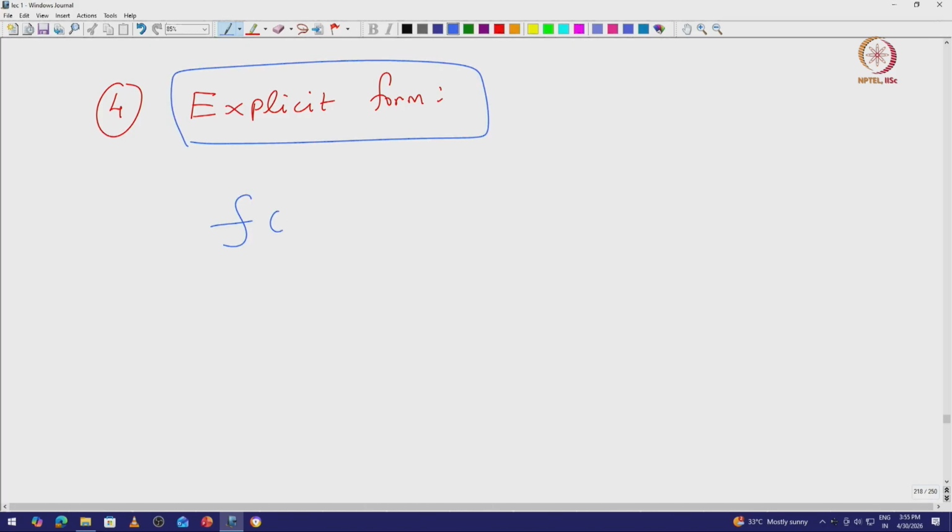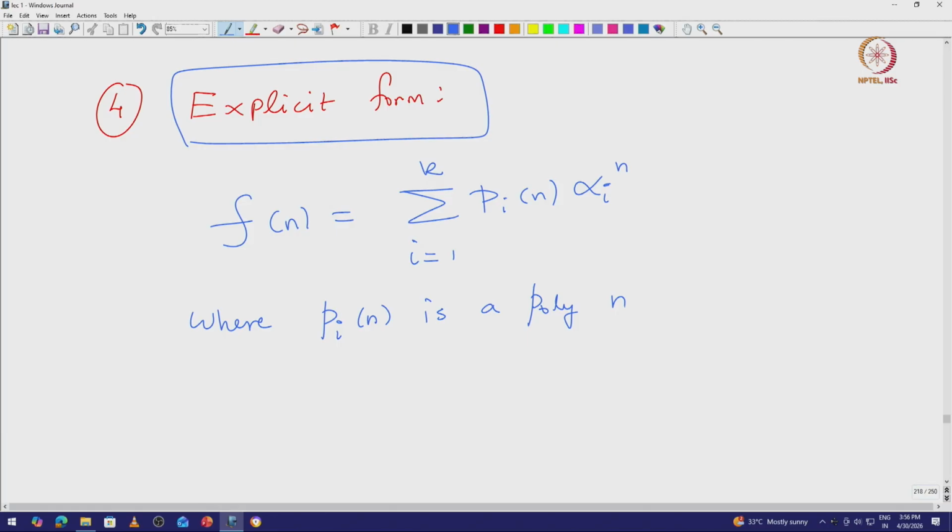You can write f of n equal to the summation of p i of n alpha i power n, where i varies from 1 to k, where this p i of n is indeed a polynomial in n of degree at most d i minus 1, or strictly less than d i, and this is true for all i ranging from 1 to k.